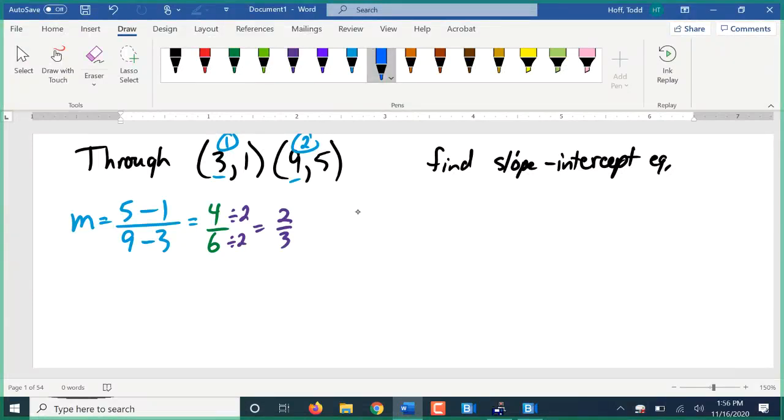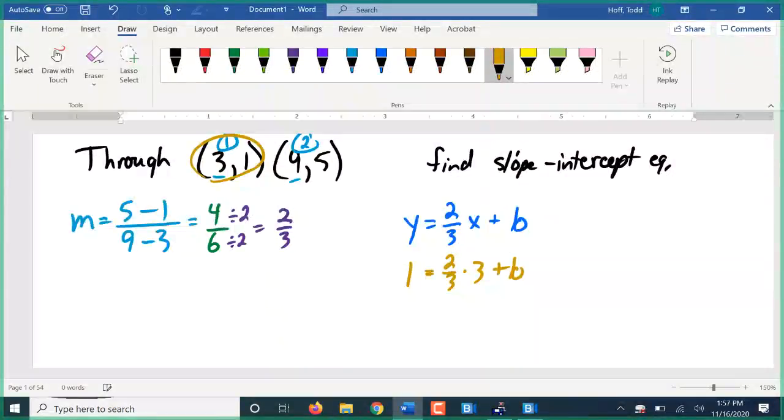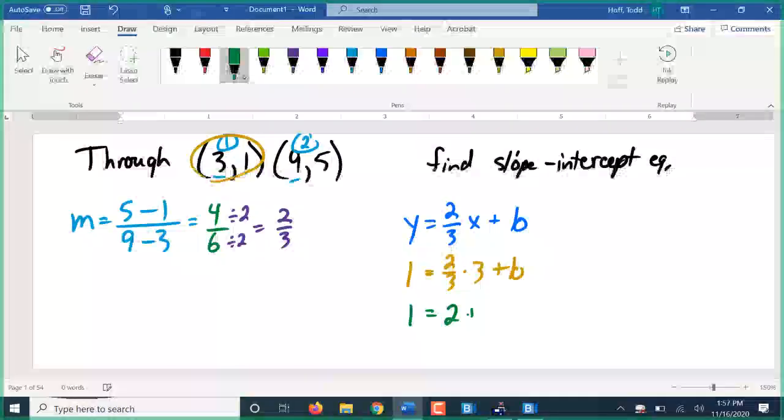So our equation, y equals slope times x, that'll be 2/3 times x plus b. Now we have 2 points to choose from. It does not matter. Remember, we saw on Thursday, whichever one we picked is going to give us the same equation. So I'm going to use 3,1. So I put in 1 for y, and 3 for x. I combine: 2/3 times 3 is 2.